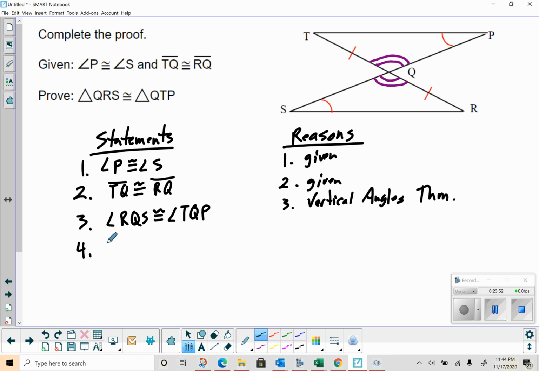Step 4, we can say that triangle QRS is congruent to triangle QTP. And of our 4 triangle congruence theorems, which one is this?